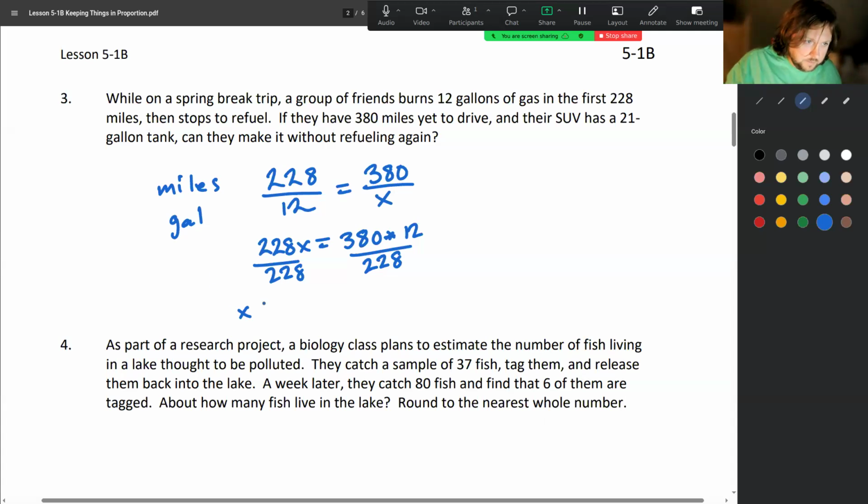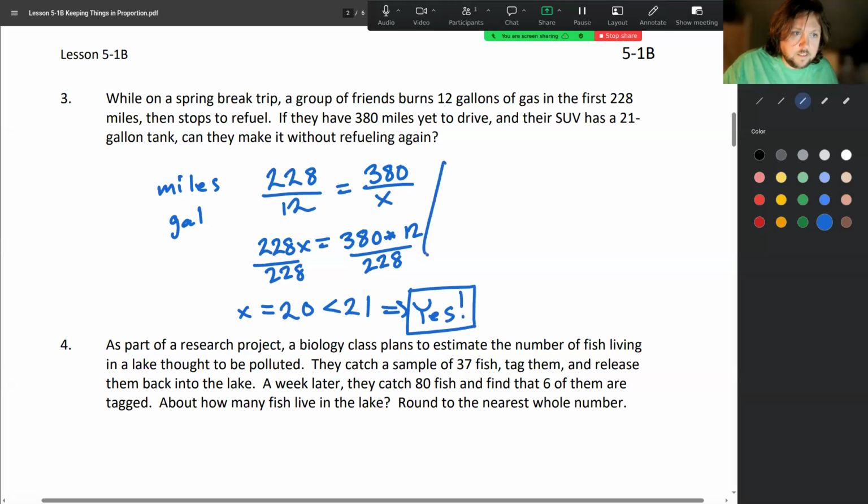So I get exactly 20. Now, what that's saying is it's going to take 20 gallons of gas to drive 380 miles. But they just put 21 gallons in their tank. So we see that since this 20 is less than their gas tank, that means the answer is yes.